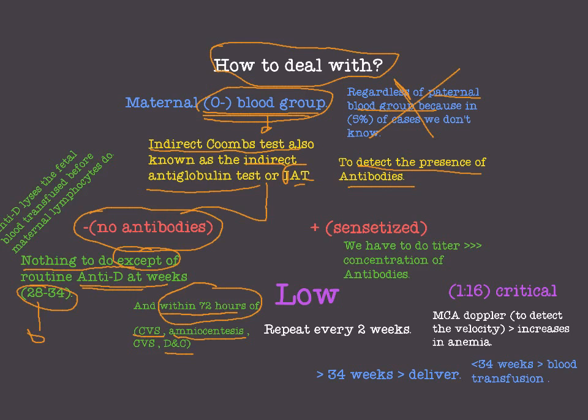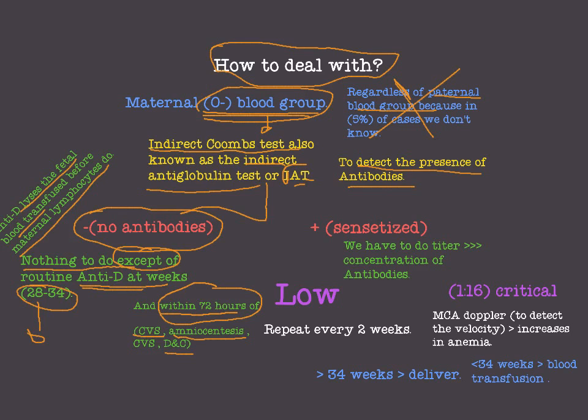It works by lysing the fetal blood that was transfused to the mother before the maternal lymphocytes' IgG starts working, just like the mechanism of protection of anti-A and anti-B that we talked about.